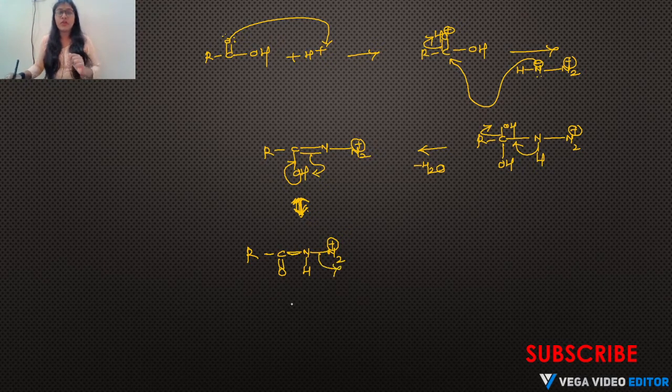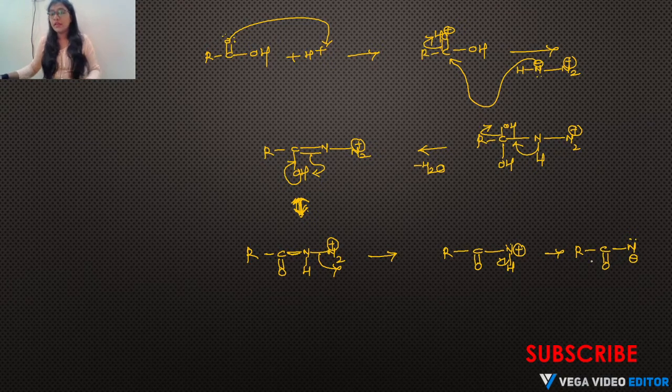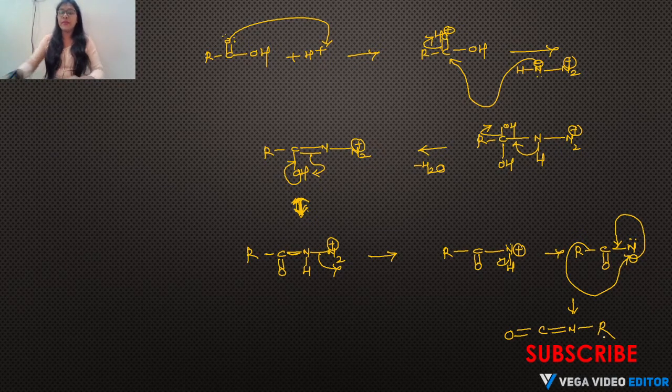After elimination of N2 we get RCO, NH. The charge on nitrogen is positive because N2 is eliminated. Then after removal of a proton we get RCO, N with a lone pair and negative charge. Then the alkyl group migrates to this nitrogen and this negative charge donates electrons, and we get alkyl isocyanate as an intermediate.